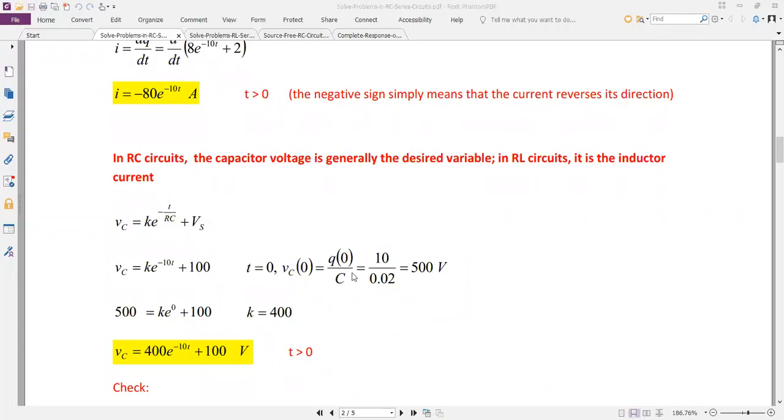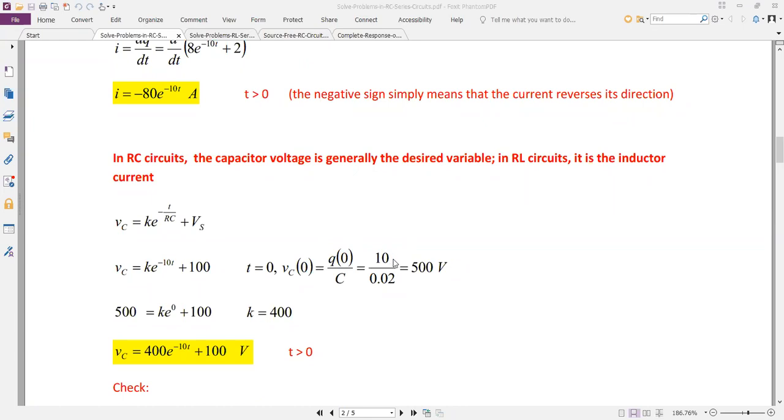By the way, class, since you're not asking, the VC that you have substituted here was computed based on the formula Q over C. Since we want to know initially the value of the VC so that we can substitute it in this equation on the left side with time equal to 0, so that we will know the K, you have to substitute for the charge in your capacitor the 10 coulombs that was stated in the problem.